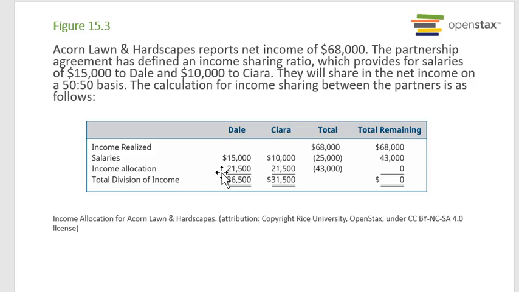Then they're going to give them their salaries, $15,000 and $10,000. That takes $25,000 off, leaving only $43,000. Then they're going to split that 50-50, so they're each going to get $21,500. So at the end of the day, the income was divided $36,500 to Dale, $31,500 to Sierra.